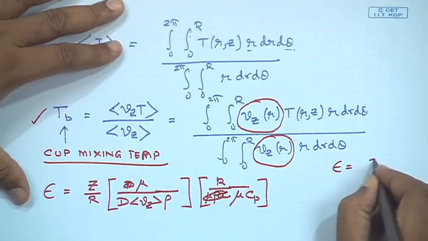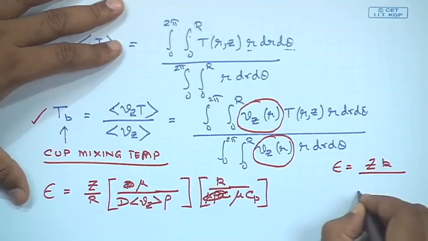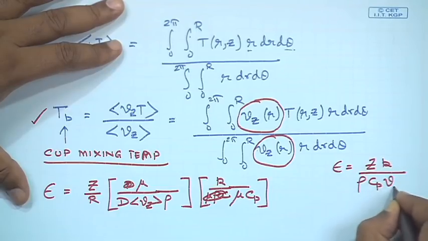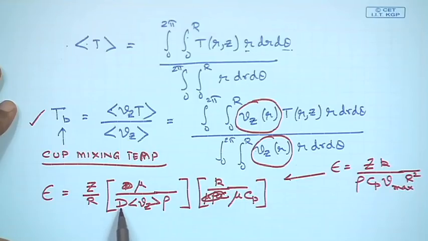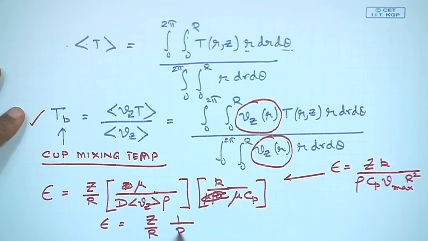Epsilon was defined as Z k by rho Cp V max R square. So, from here I simply added a mu, added a diameter, and it is simply rearranged in this way. So, your epsilon is simply going to be Z by R. This is 1 by Reynolds number and this is 1 by Prandtl number.